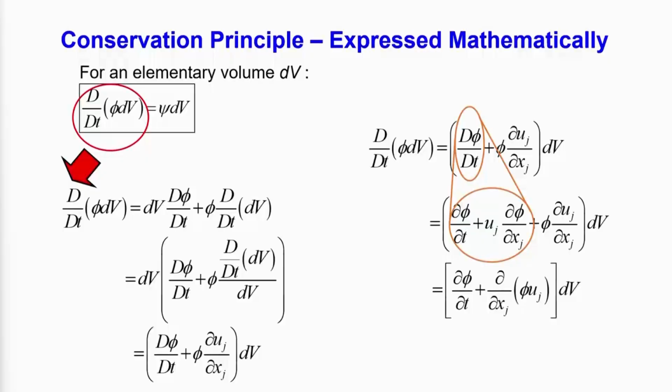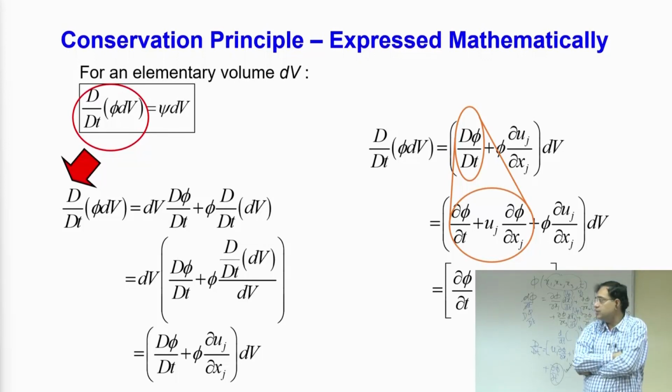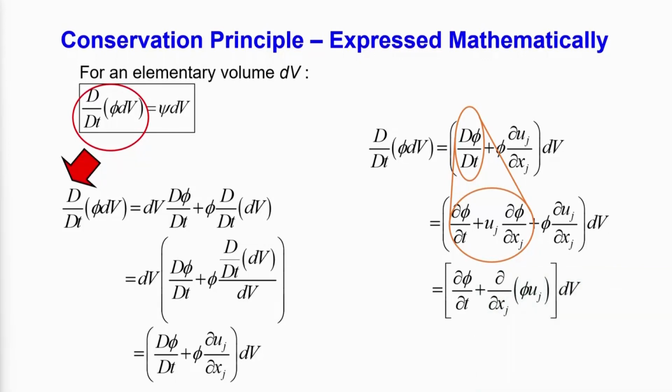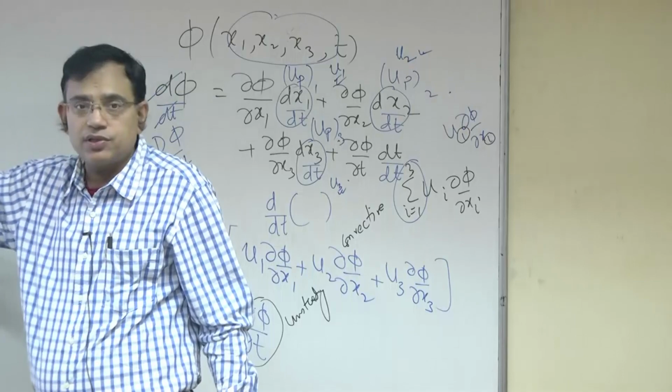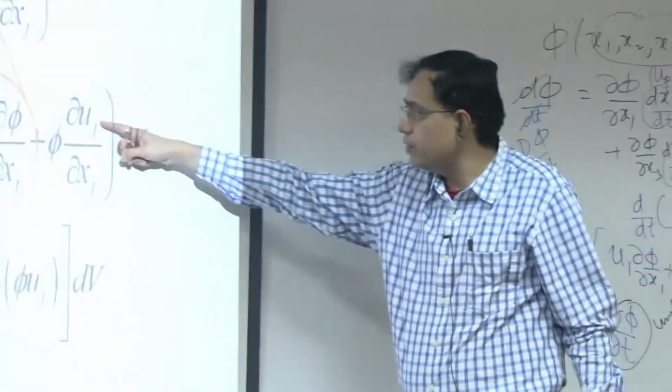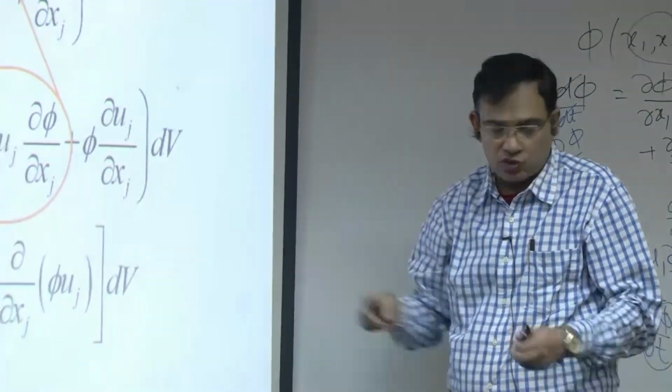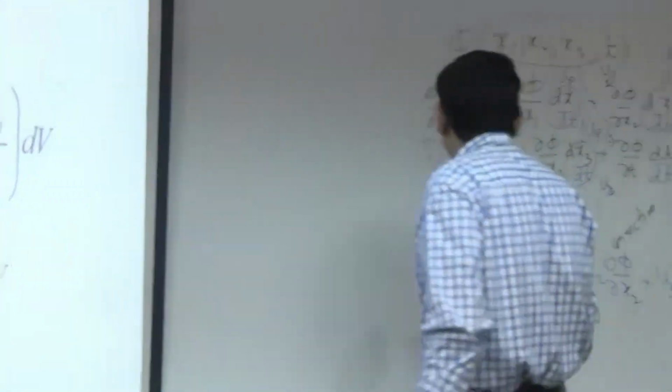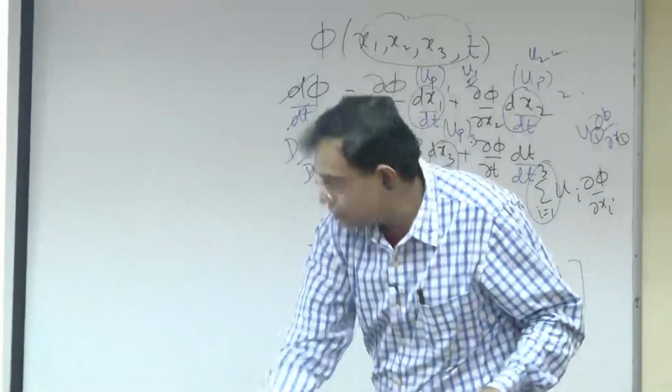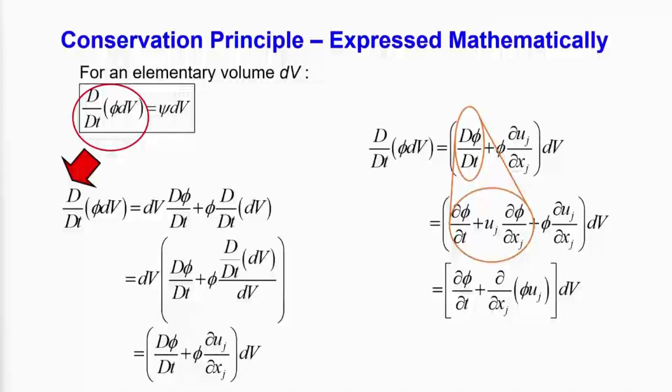Incompressible flow will have no change of dV with time, and compressible flow will have change in dV over time, and the change in the volume over time is given by this one. This is basically the divergence of the velocity vector, the partial derivative of uj with respect to xj. If you are not familiar, I am just trying to clarify that notation.